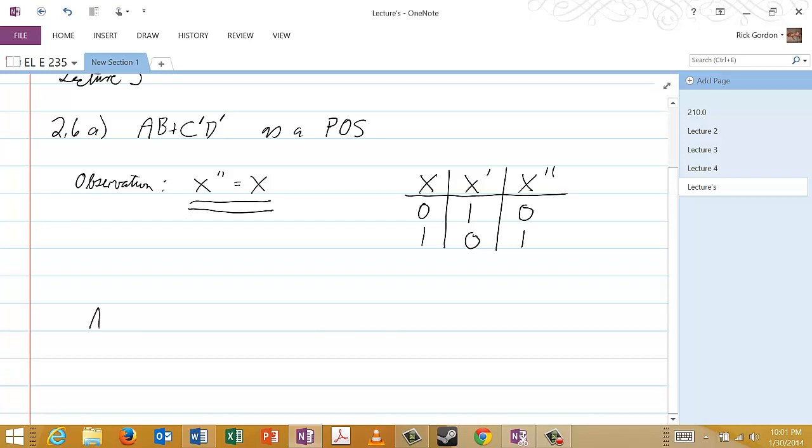Okay, so we start off with AB or C prime D prime. Well, according to what we've just said, this is the same thing as AB or C prime D prime complement complement. That's just using the observation that we just made.